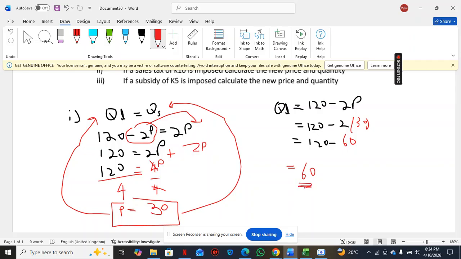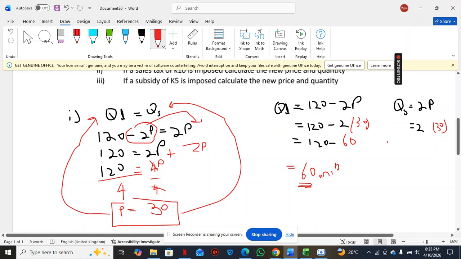Remember, at equilibrium, quantity demanded equals quantity supplied. So this is 60 units. As I said, you can also substitute it into the supply function. QS, remember QS equals 2P. You still get the same 60. When you substitute P with 30, 2 times 30, that is 60.